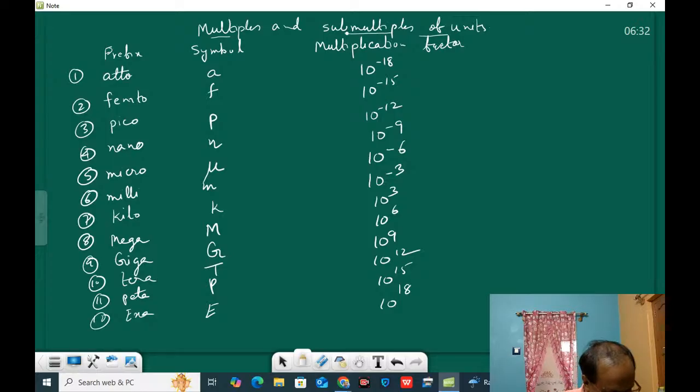Besides that, we have some international guidelines for writing symbols of units. How to write the different symbols of units is also important.